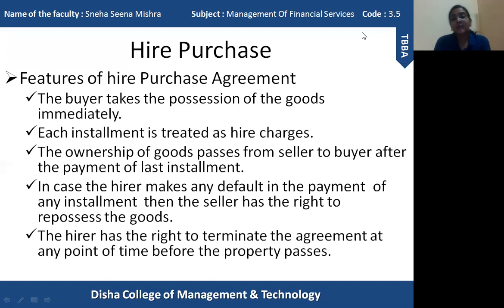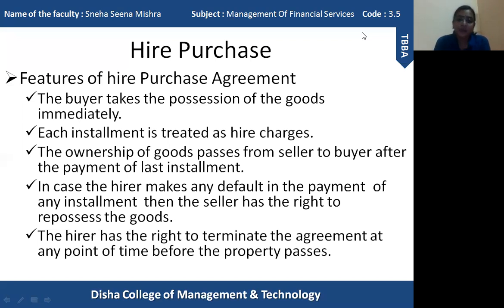But if the hirer chooses to terminate the agreement without paying all the installments, whatever installment the buyer has paid will remain with the seller only. The buyer will not get the paid installments back. Clear? Because like I said, it is going to be considered as hire charges.